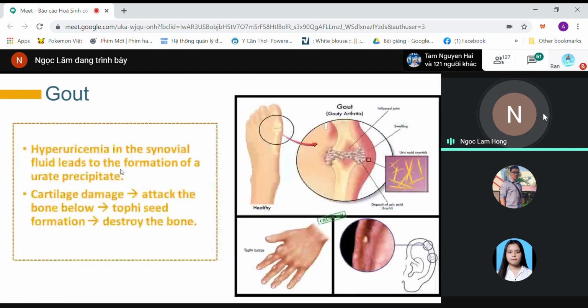Gout patients have hyperuricemia in the synovial fluid, which leads to the formation of urate crystal precipitates. When the cartilage is damaged, it will attack the bone below, leading to cyst formation, and finally it will destroy the bone.